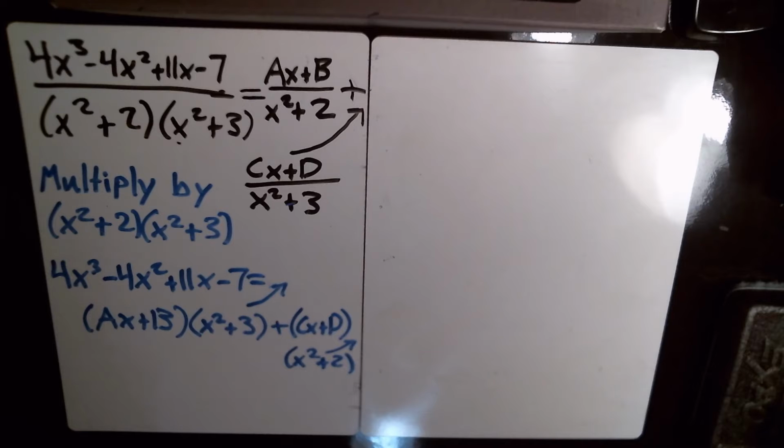Okay. Now for this one, it's a little bit difficult to do that because these don't have any roots. X squared plus 2 doesn't have real roots, and neither does x squared plus 3. So I'm going to have to be a little creative here.